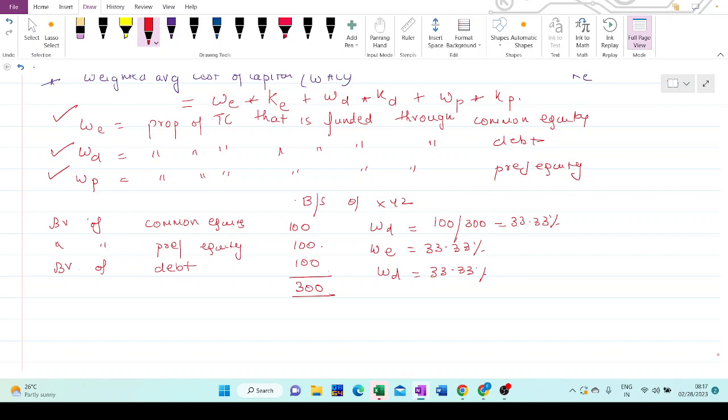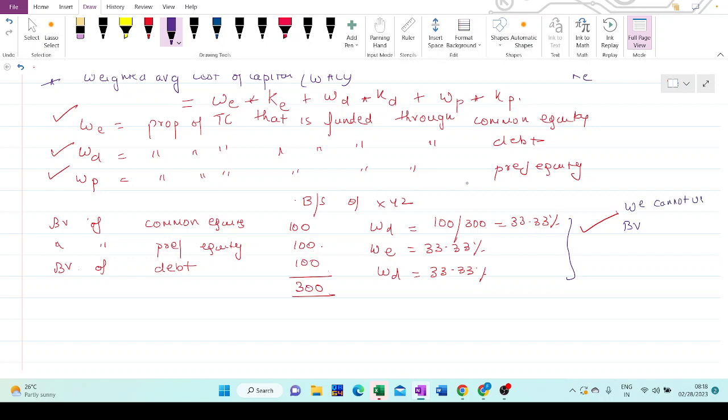So these are the book value weights as per the current capital structure of the company. Now we cannot use these weights for the calculation of WACC. We should use the weights which represent the target capital structure of the company. Okay, so please note this down. We cannot use the book value weights.